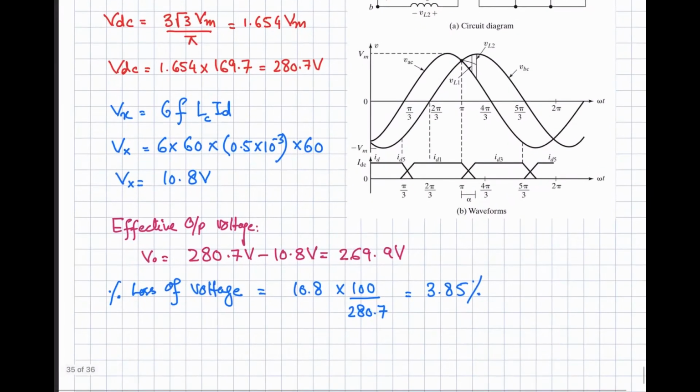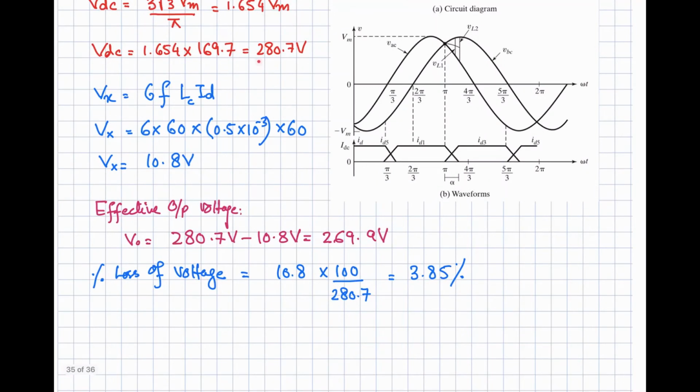So what will be the effective output voltage? In the case of no loss, the output voltage is 280.7 volt, and 10.8 volt is the loss. If we take the difference of these two, the net output voltage will be 269.9 volt with the line inductance affecting the load voltage. In terms of percentage, 10.8 volt is lost out of 280.7, so it is a 3.85% loss.